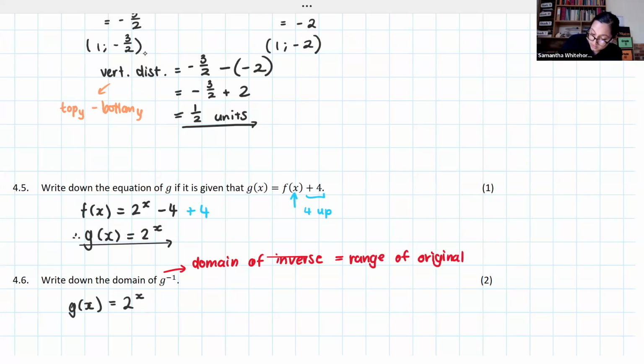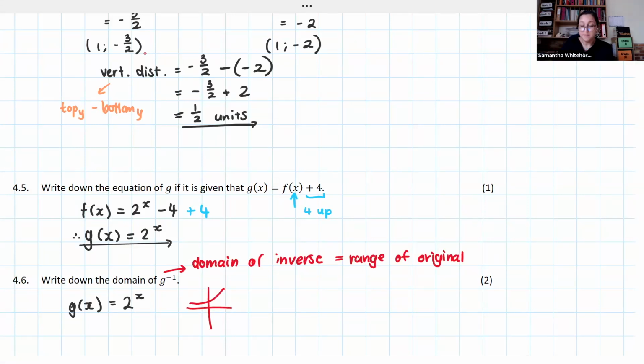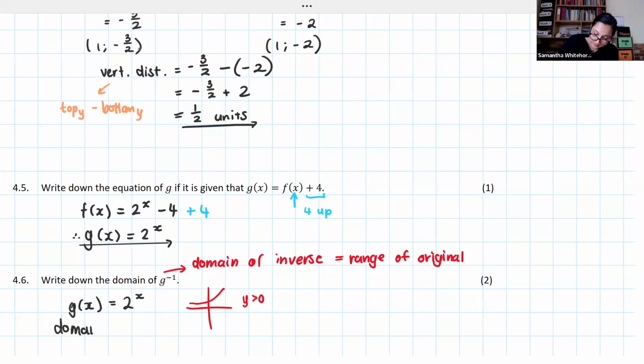And so that's great. We don't have to do anything. We can literally work with what we have. We know we've got g of x, which would just be a graph that looks like that. The range is y greater than 0, which means that the domain of your inverse is x greater than 0. That's it, because your inverse would now sit there, and so it's all of the positive x values.